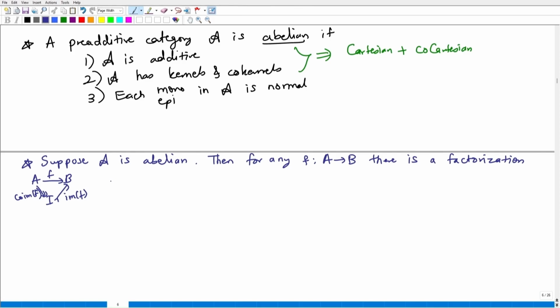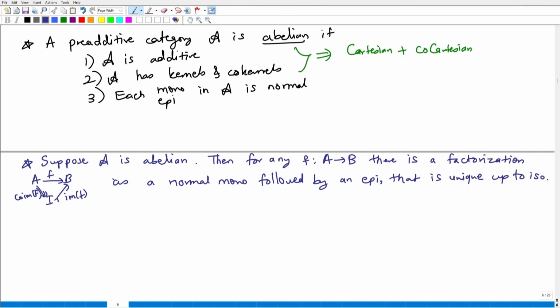Into a normal epi followed by a mono, or dually also. I mean both of those things happen. Such a factorization is unique up to isomorphism.